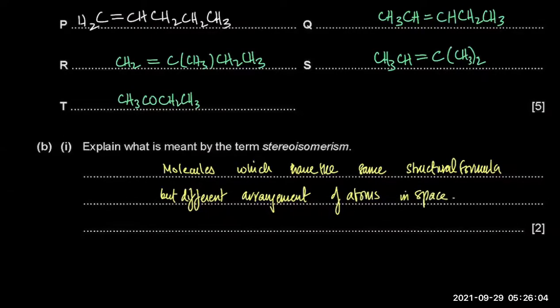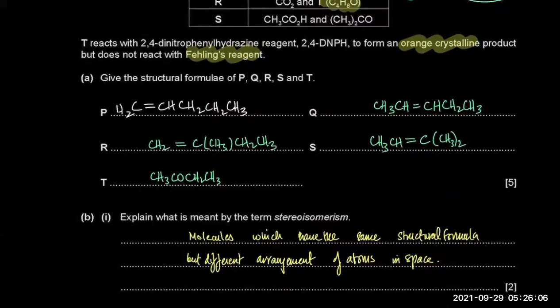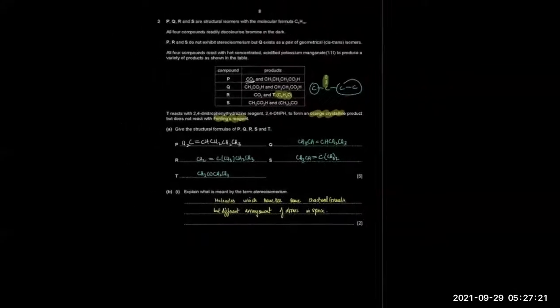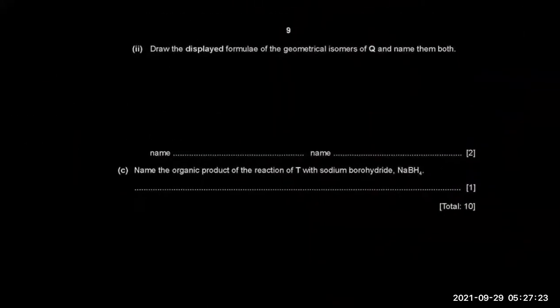Okay. All right, next one. Draw the displayed formula of the geometrical isomers of Q and name them both.